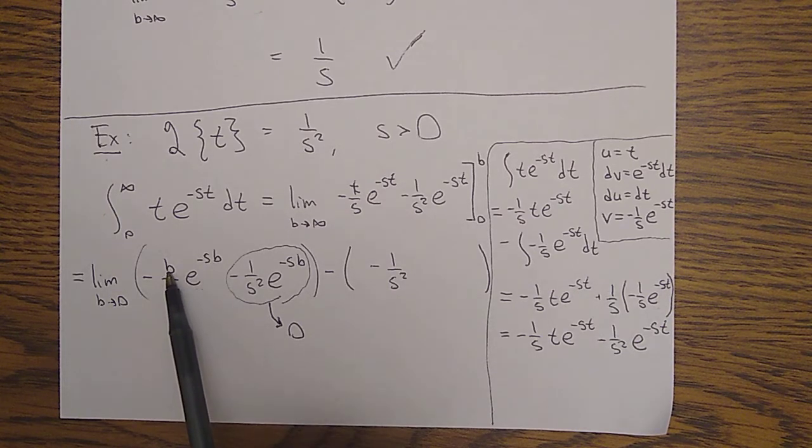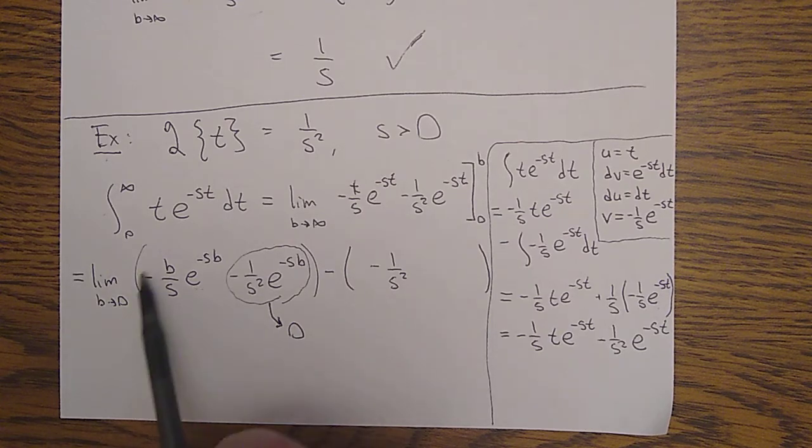But b is going to infinity, so in other words, this is like infinity times 0. So we have a slight issue here. We're not in big trouble. We are going to be able to show that this goes to 0. I'm just pointing out that there's a little bit of work to show.